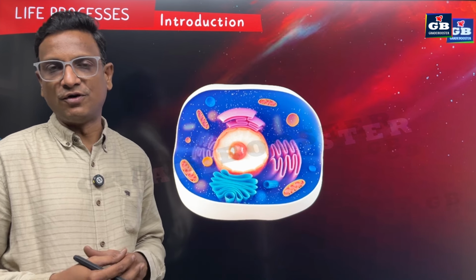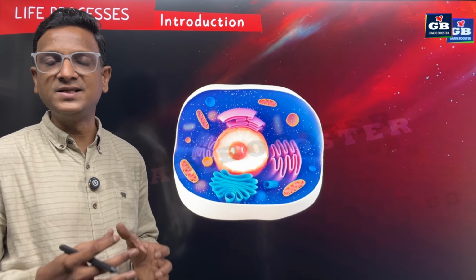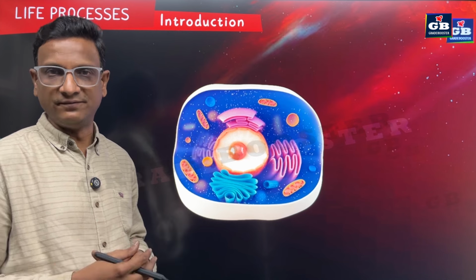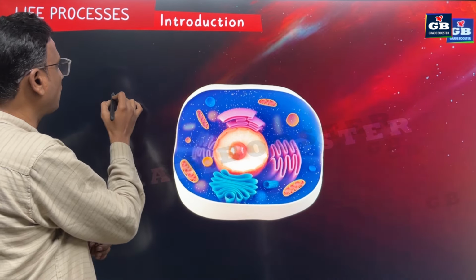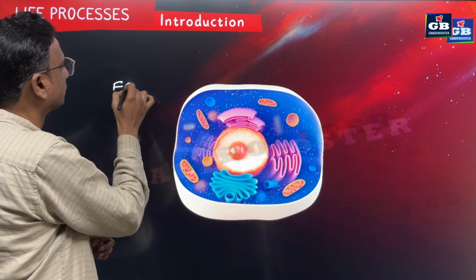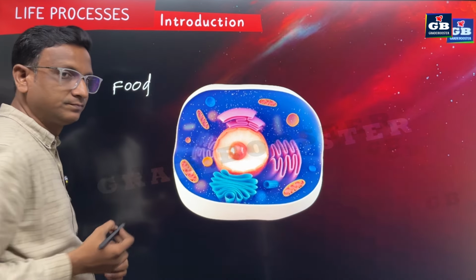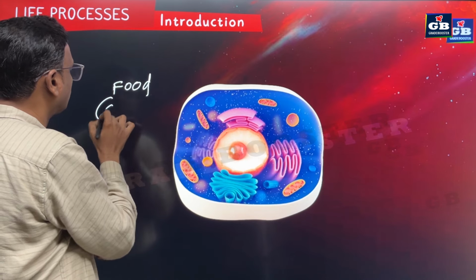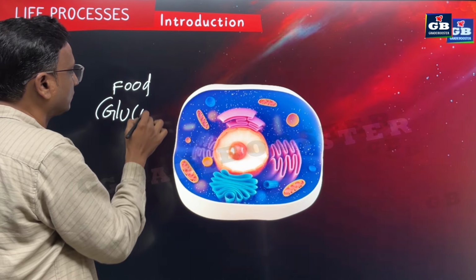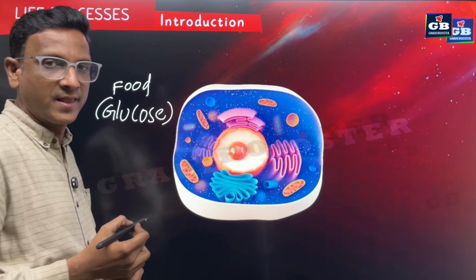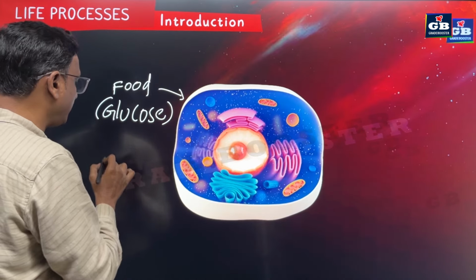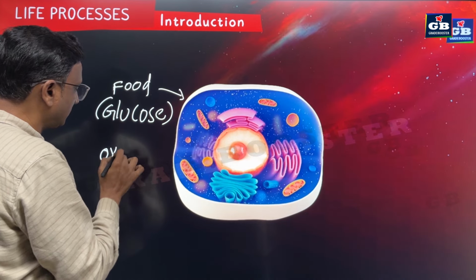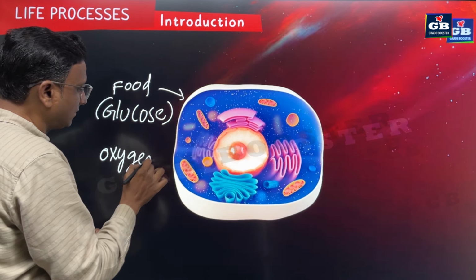So every cell of our body needs some basic things to survive, to exist. What are they? A cell needs food. Food, that is glucose. So a cell needs glucose and it also needs oxygen.